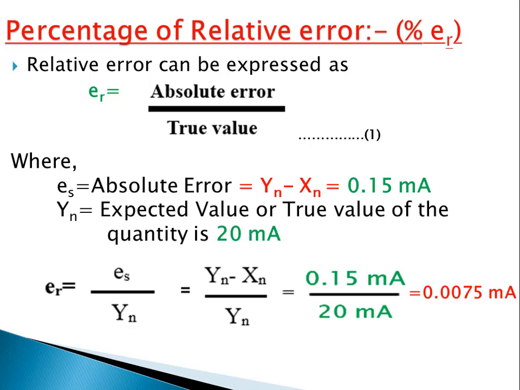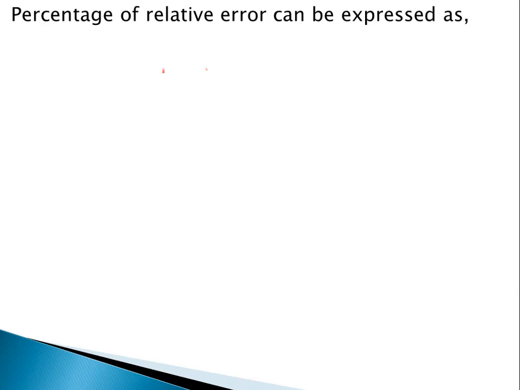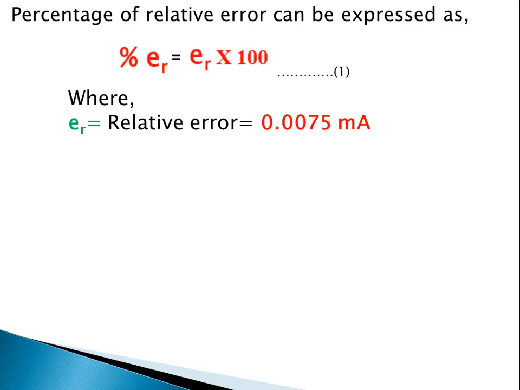Now it is important to find the value of percentage of relative error. It can be expressed as % er = er × 100. Here we know that er is the relative error, and the value which we found earlier is 0.0075.